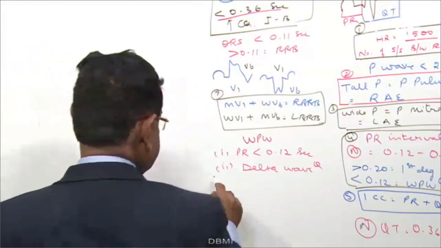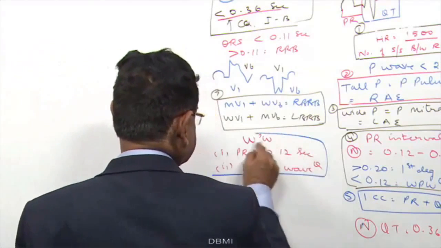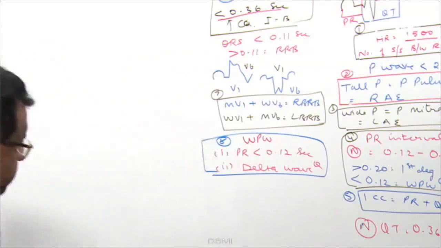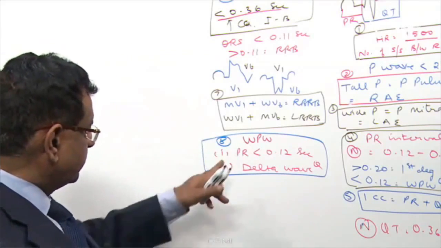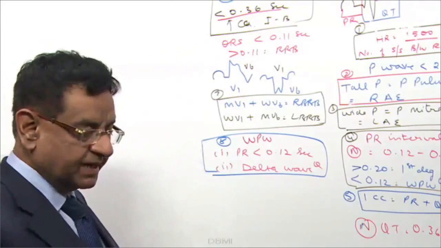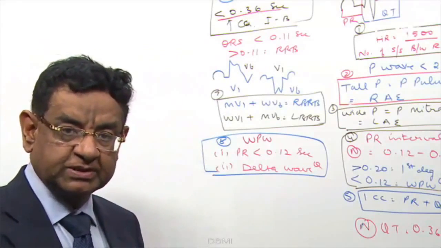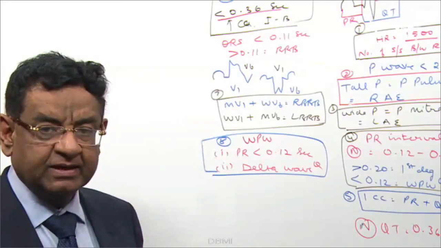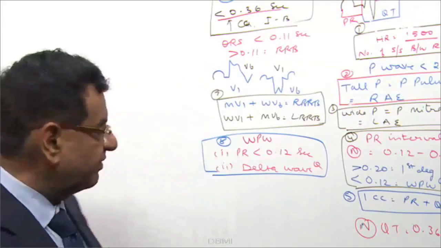So friends, this is box number 8. In box number 8, we talked about the PR interval and the delta wave. Now let's learn what exactly is the delta wave.